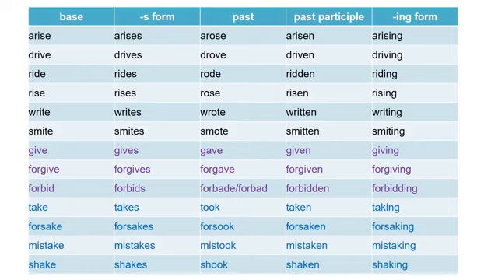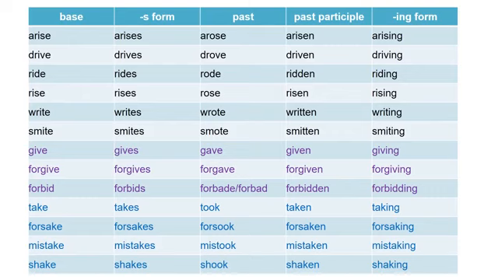Let's look at the third set, the ones in blue. These go from one sound to another, and then they come back to the original sound. For example, take, took, taken. You'll notice that there's a sound shift in the past, and then they go back to the original sound, A, in the past participle.